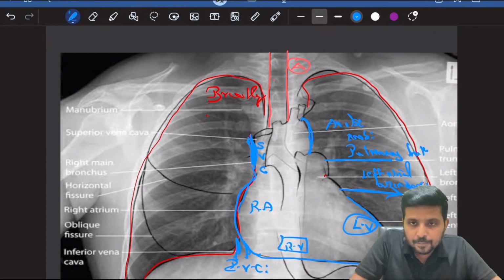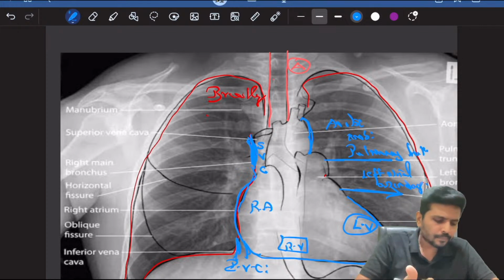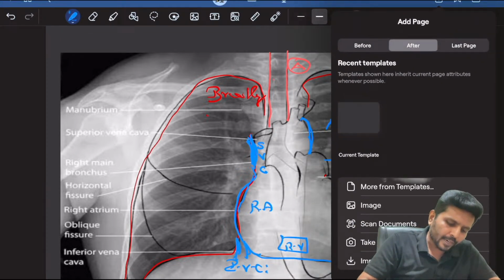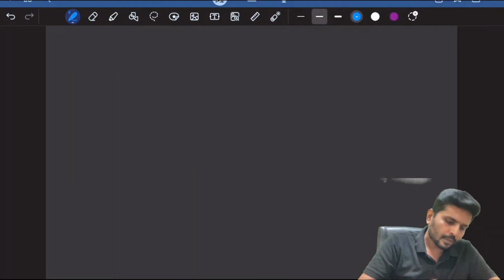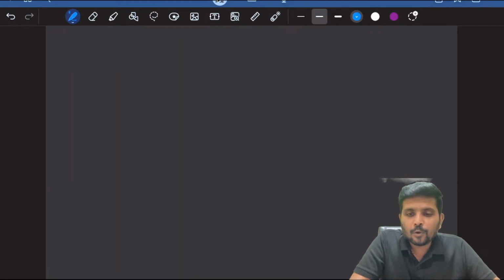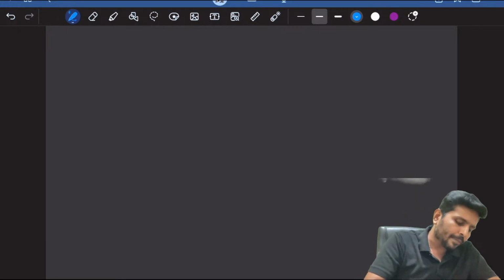Then you need to speak about your heart size. How to measure heart size?